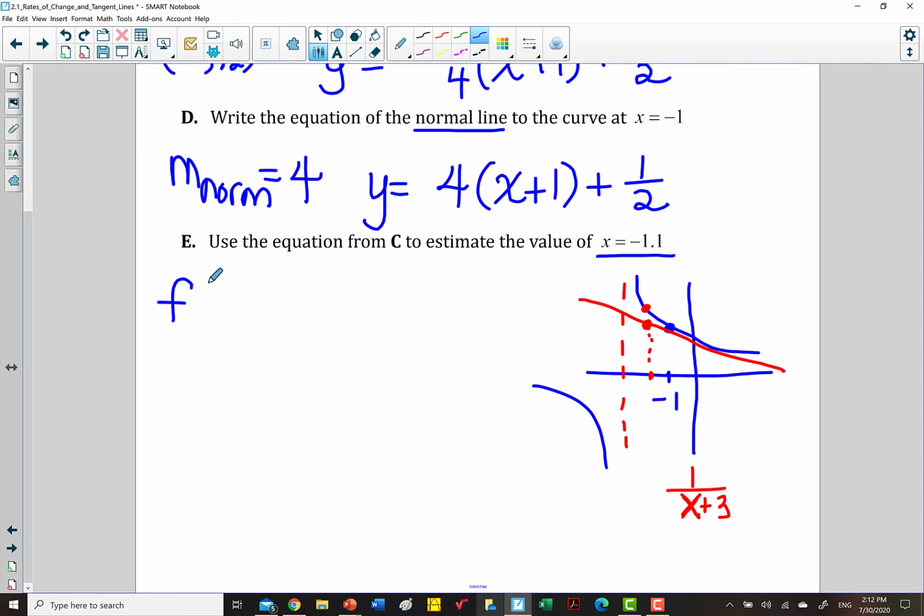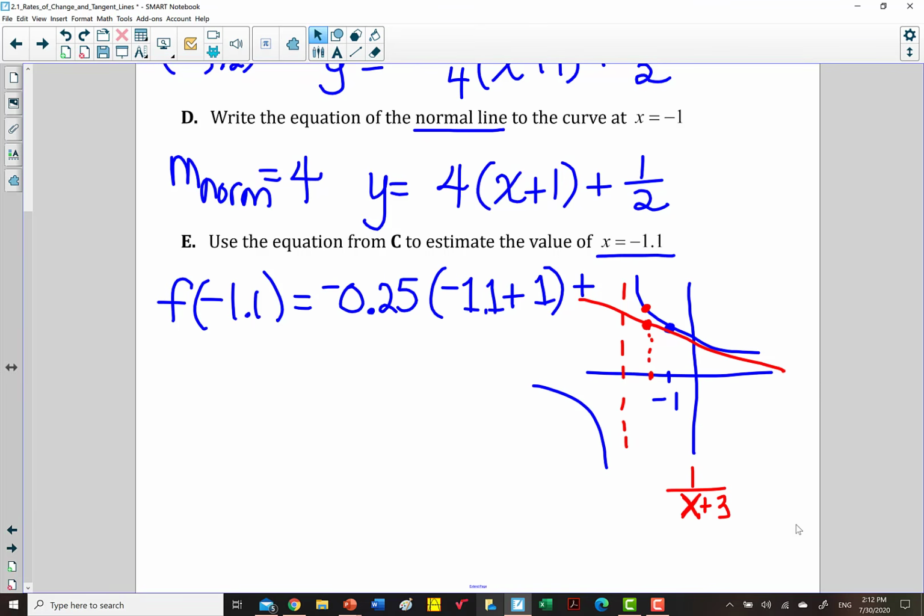So I want to do f of negative 1.1 using the tangent line that was negative 1/4 x plus 1 plus 1/2. Let me move my graph here.